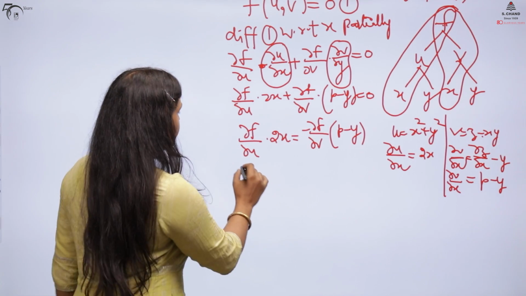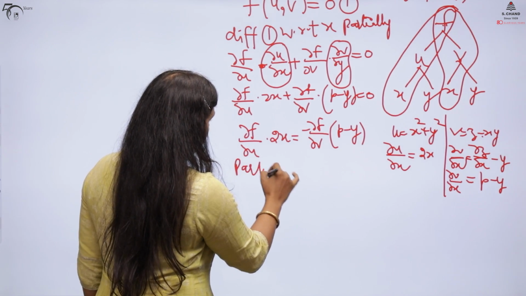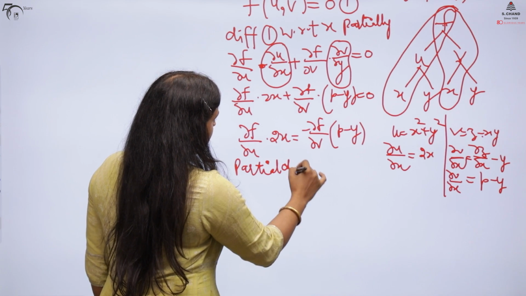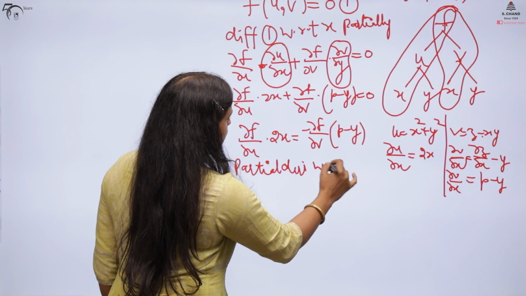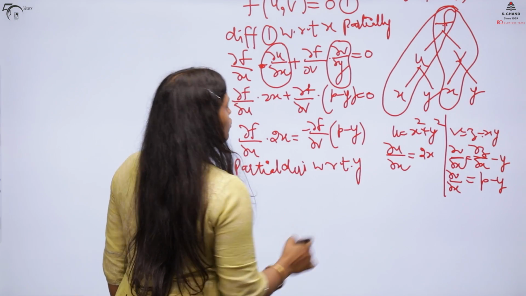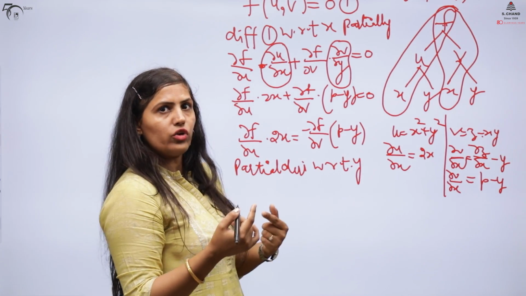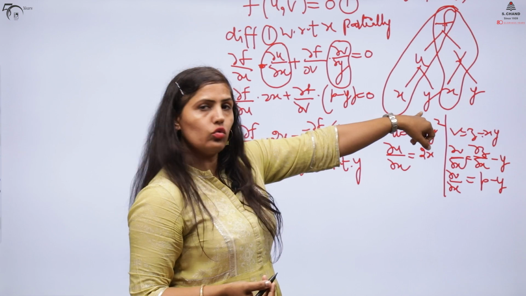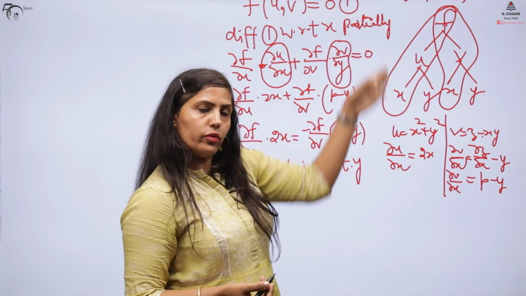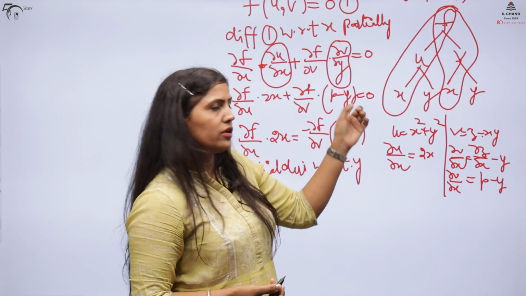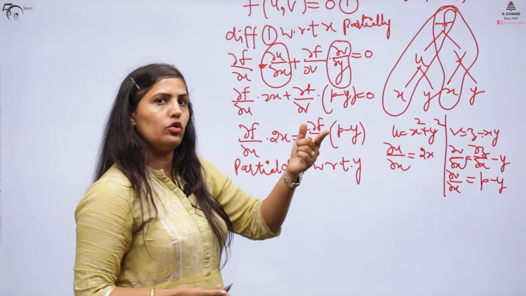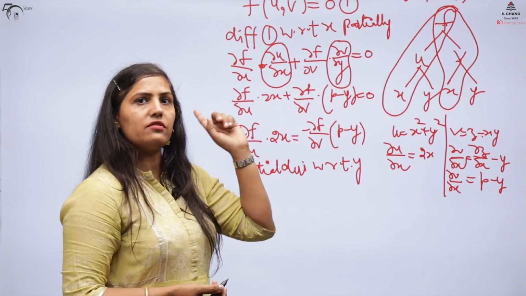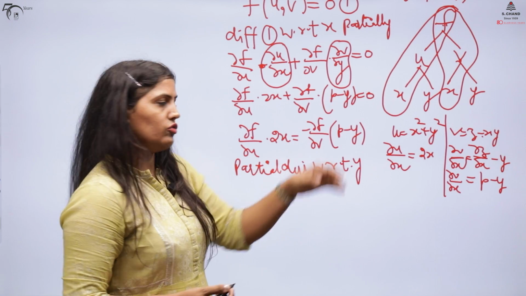Now moving to the partial derivative with respect to y. The same way you will be taking it. It means two chains are ending at y. You can see two chains are ending at y. For one chain it is multiplication, and for another chain you use the plus sign. Two chains are there, so the first chain plus the second chain.